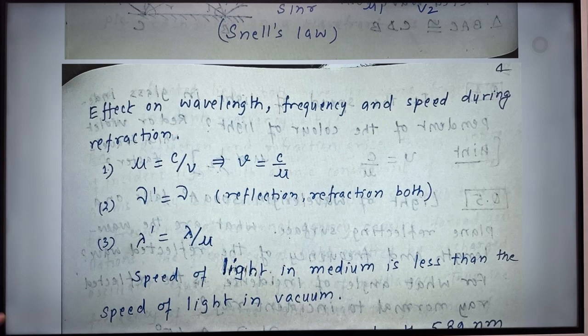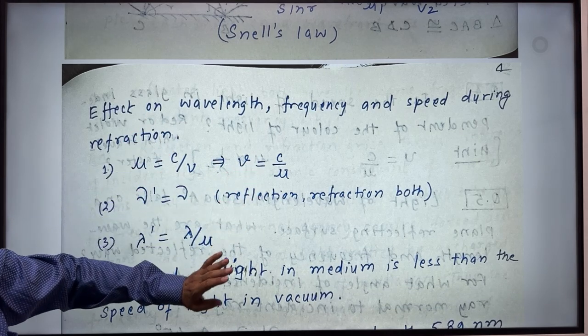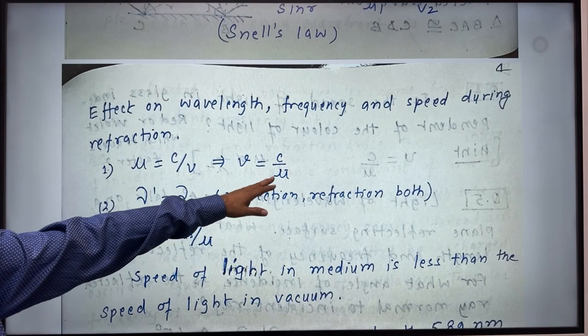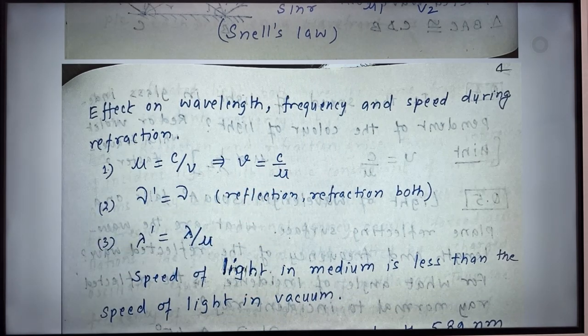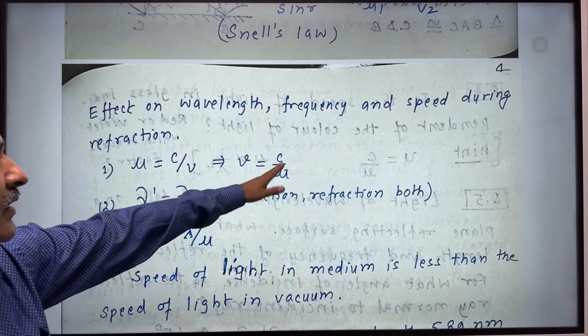When light enters from one medium to another, suppose the medium has a refractive index mu, then the speed in that medium will be given by V equal to C upon mu, right? And definitely if the medium is denser, its refractive index will be more than 1, hence the speed will be less than the speed of light in vacuum.